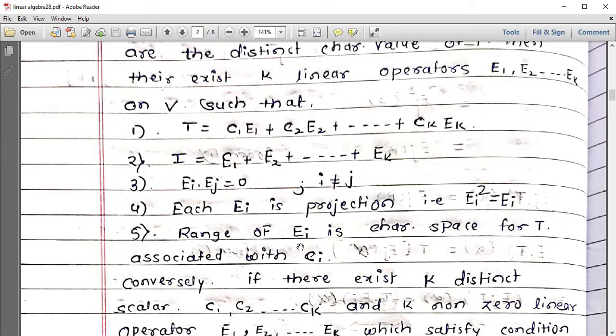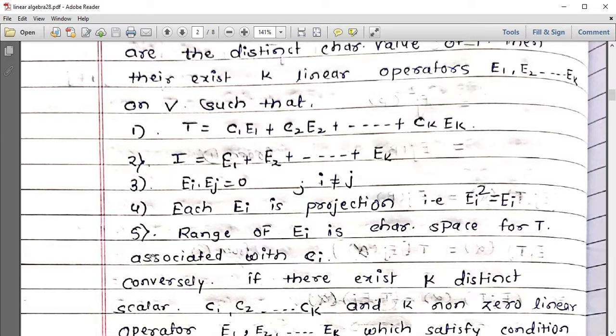Conditions two, three, four and five are the same as in the previous theorem, but here one more condition is added: T is equal to C1 E1 plus C2 E2 plus up to Ck Ek.